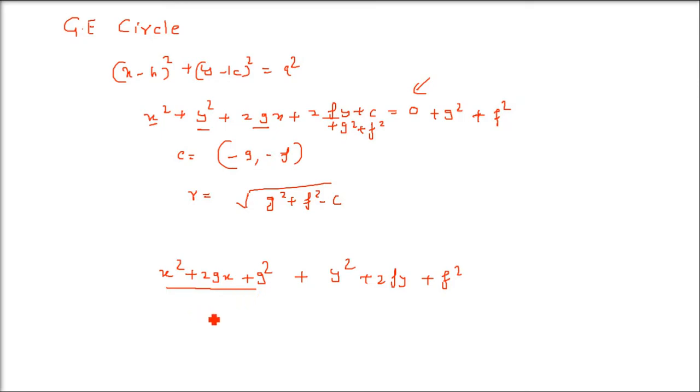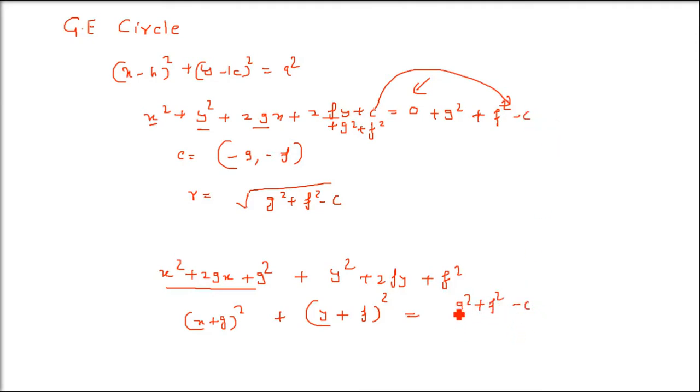Now this term can be represented as (x plus g) whole square. Y square plus 2fy plus f square is (y plus f) whole square. On the right we have g square plus f square, and one more thing is remaining on the left hand side, which is c. So I am taking this c to the right hand side. It will be g square plus f square minus c.